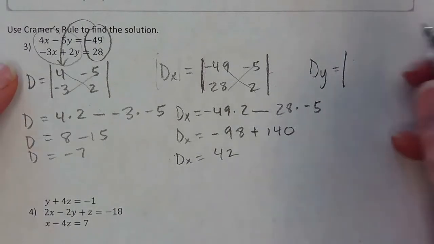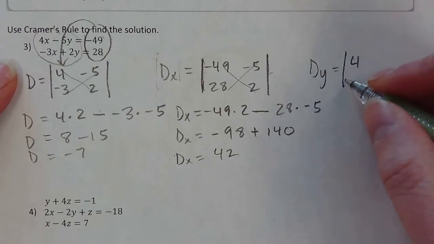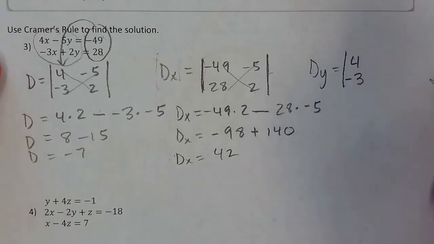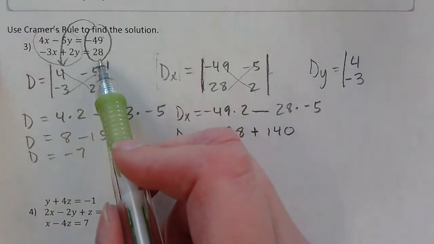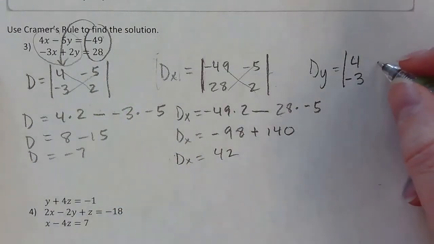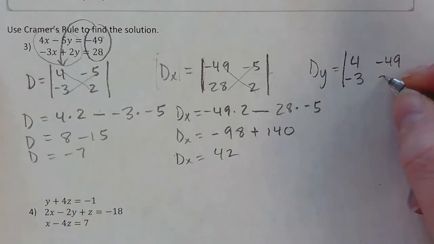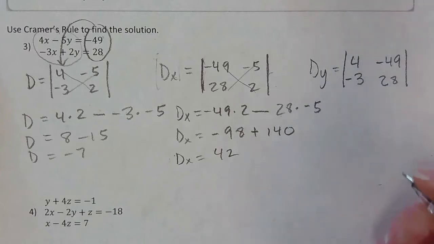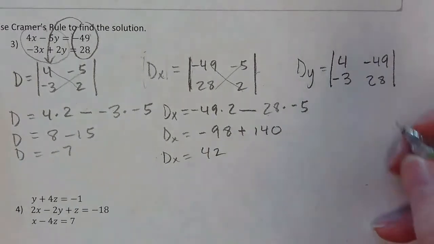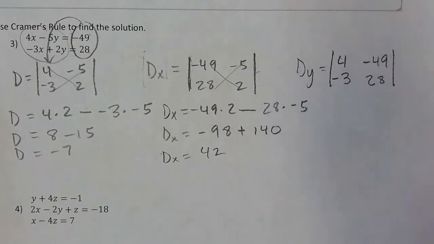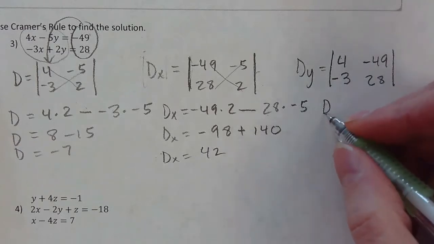So to figure out my Y determinant, I keep the X column, the negative 4 and 3, but now I put my 49 and my 28 in for the Y's. And this probably seems like the longest way to solve a system of 2 equations ever. But I think before we do a 3 by 3, it makes sense to do a 2 by 2.